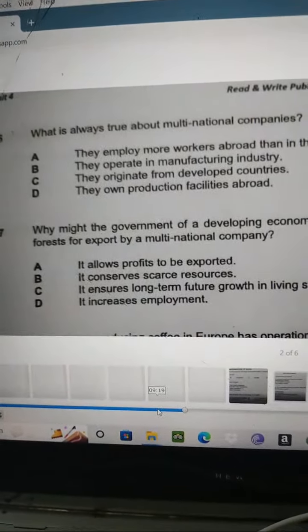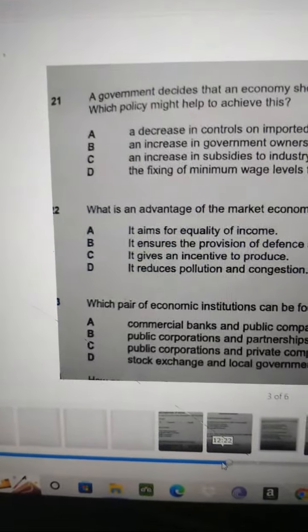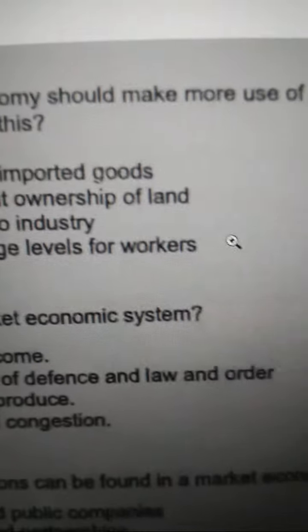Take. A government, if we pick, for example, B, an increase in the government ownership of land, that will become a command or centrally planned economy.